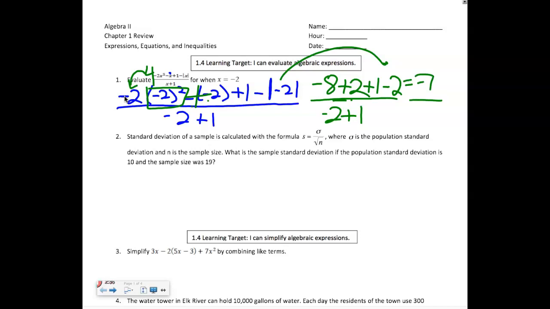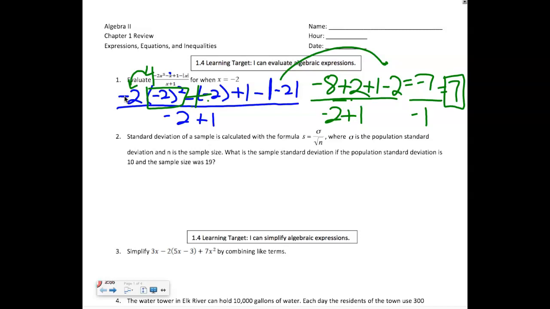On the bottom here, I have -2 plus 1, which will give us -1. And then if we look here, I have a negative over negative, and this will just become +7. So on your test tomorrow, you're going to have to do a problem like this. Simplify, watch over your negatives, use your calculator if you need to, and simplify at the end here.